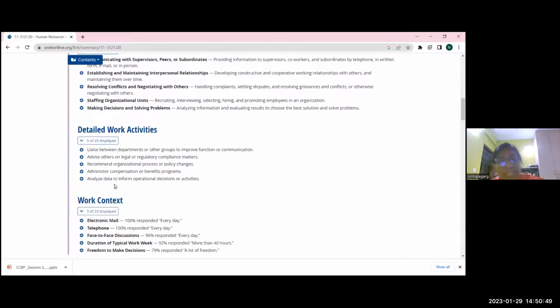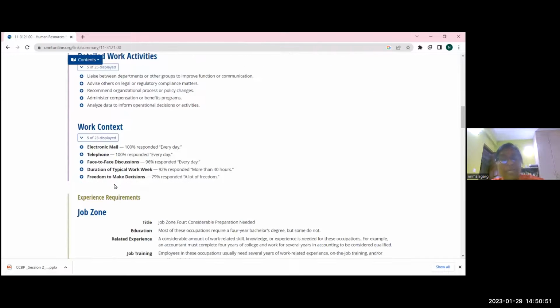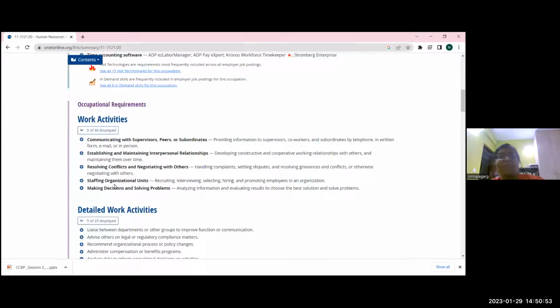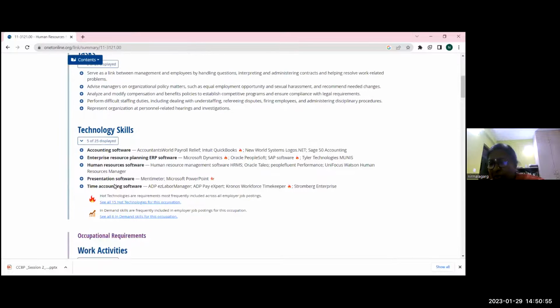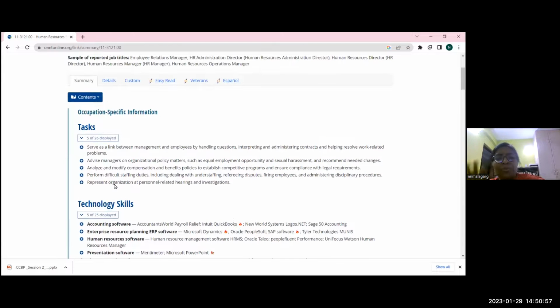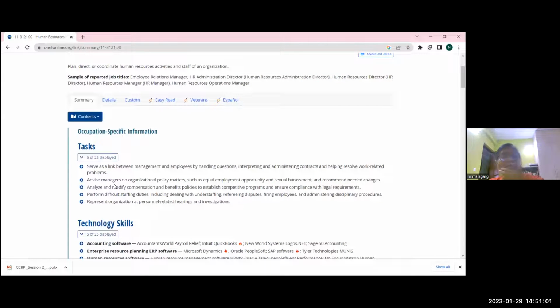Detailed work activities, what is the work context, etc., etc. So whatever position you want to look at, you can just go and type in that position and you will get a detailed job description. Now, will you say that I will just go ahead and use this detailed job description as is?